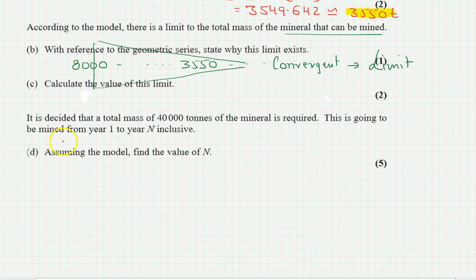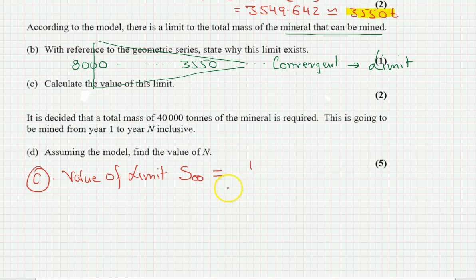Part C. Calculate the value of this limit. What is the value of this limit? So we know that for a geometric series, the sum is a over 1 minus r.